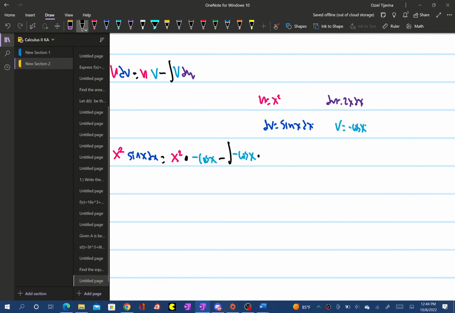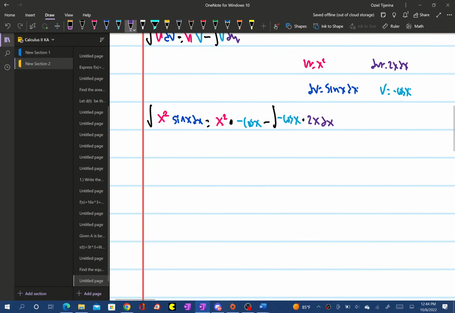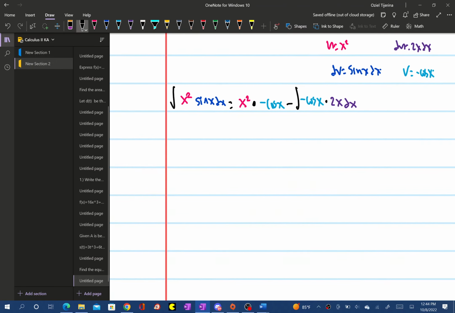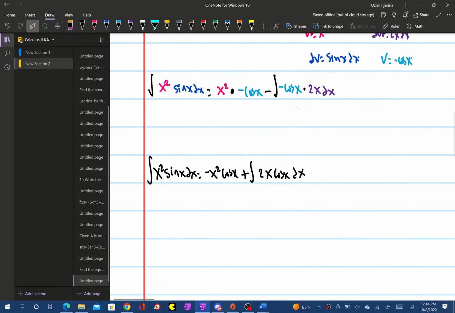So we can write it down like this: negative x squared cosine x. And notice that it's a minus a negative, so it's going to be plus the integral of 2x cosine x dx, okay?